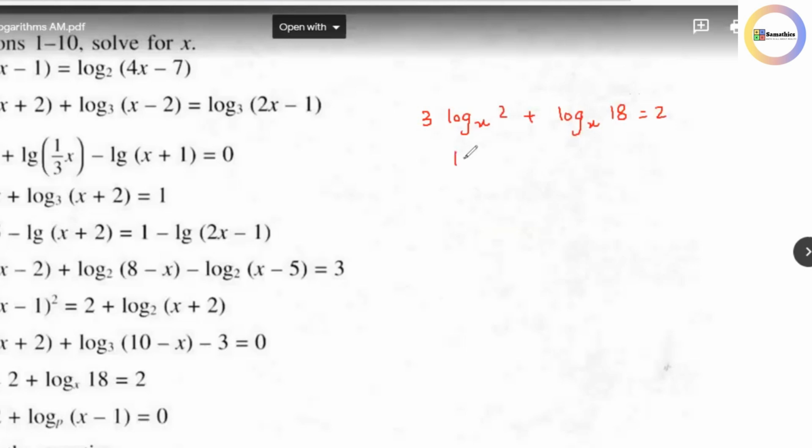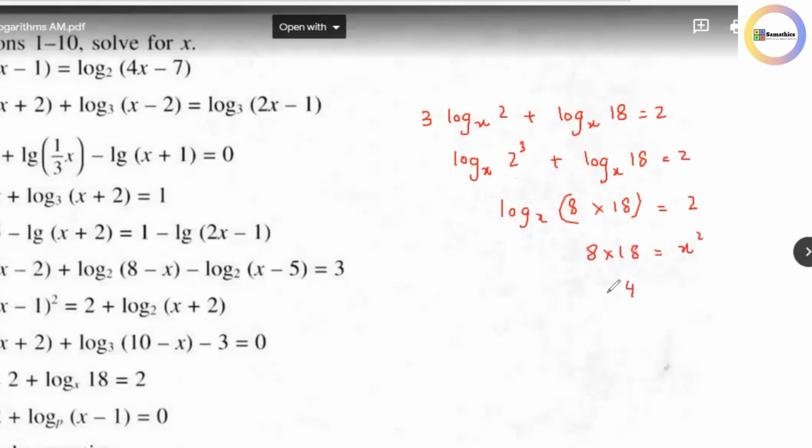So we have here log_x, this will become the power of this: log_x 18 is equal to 2, log_x 8 multiplied by 18. Okay, then this will become 8 multiplied by 18 is equal to x square, and this will become 144 is equal to x square.